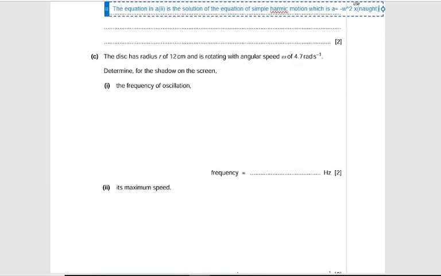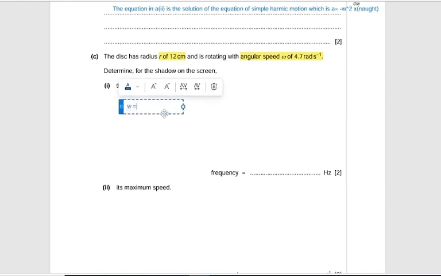Now we have the C part that says the disc has radius r of 12 cm and is rotating with angular speed omega of 4.7 rad per second. Determine for the shadow the frequency. You need to know the formula for this. We know omega is equal to 2 pi into f.